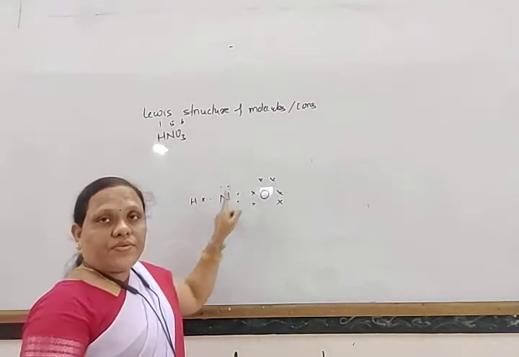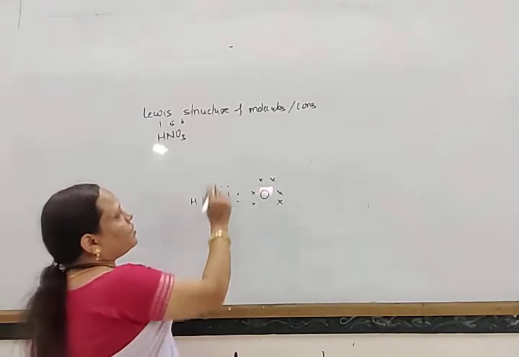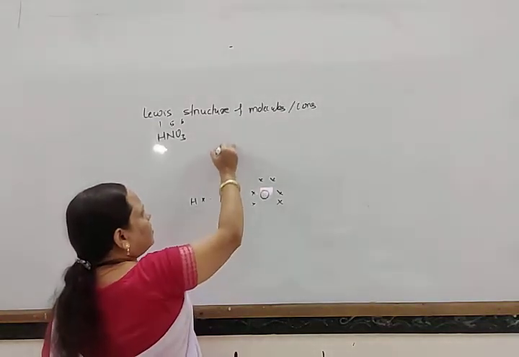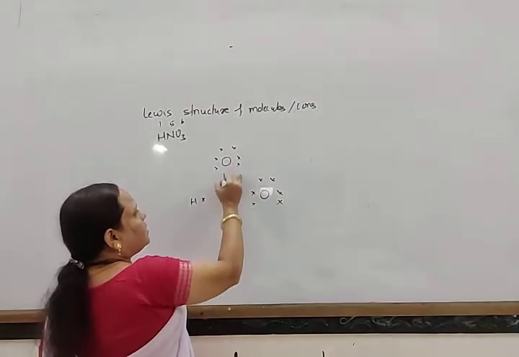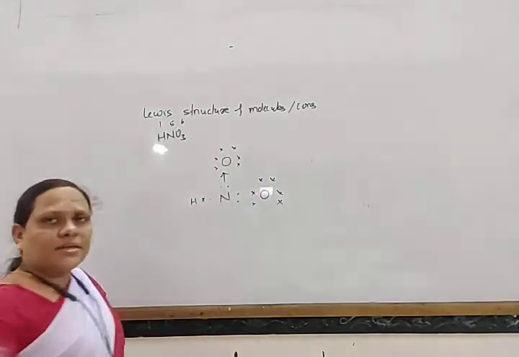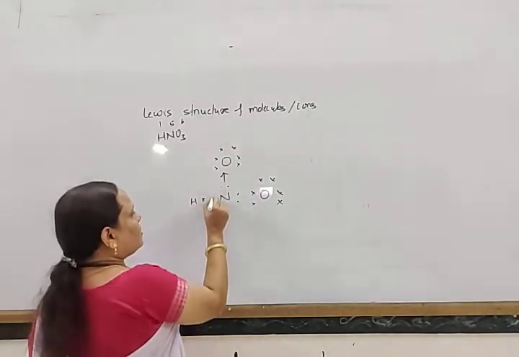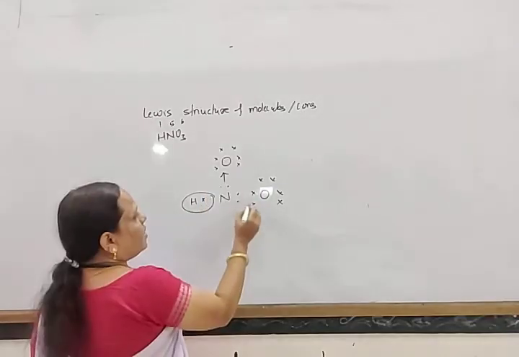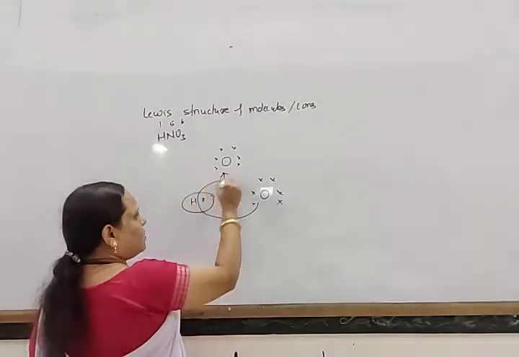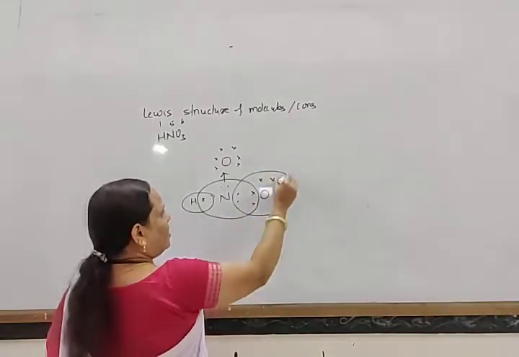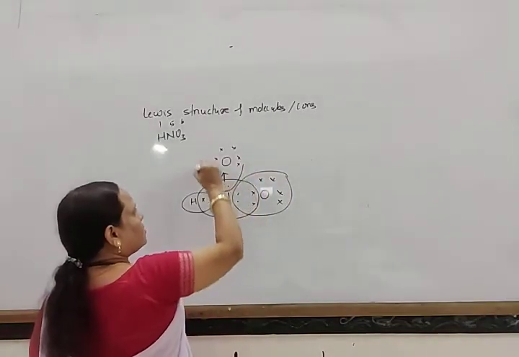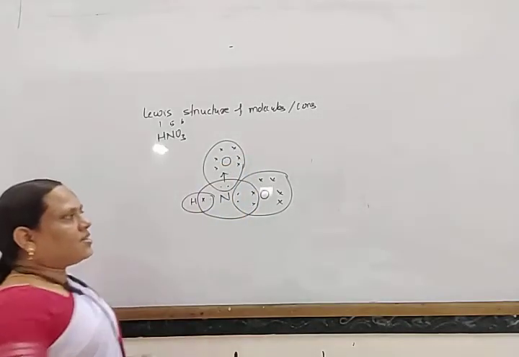There is some failure of the octet rule. In this way, we can form a coordinate bond here, so that this nitrogen atom satisfies its octet and all atoms satisfy their octets. Hydrogen satisfies its duplet and the nitrogen atom satisfies its octet. The oxygen atom satisfies its octet and this oxygen atom also satisfies its octet.